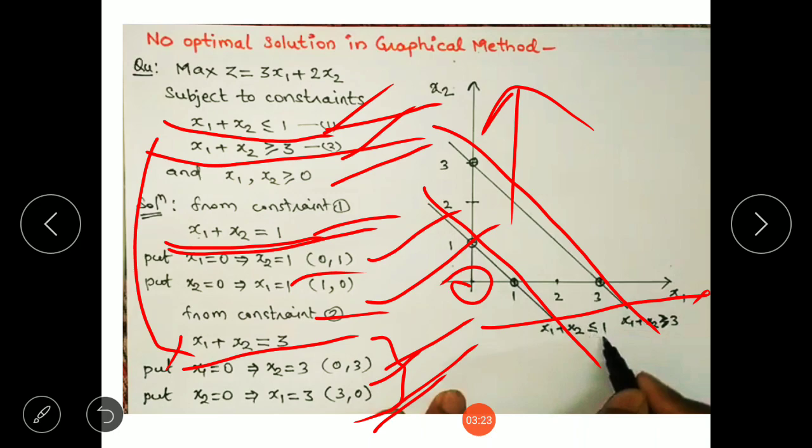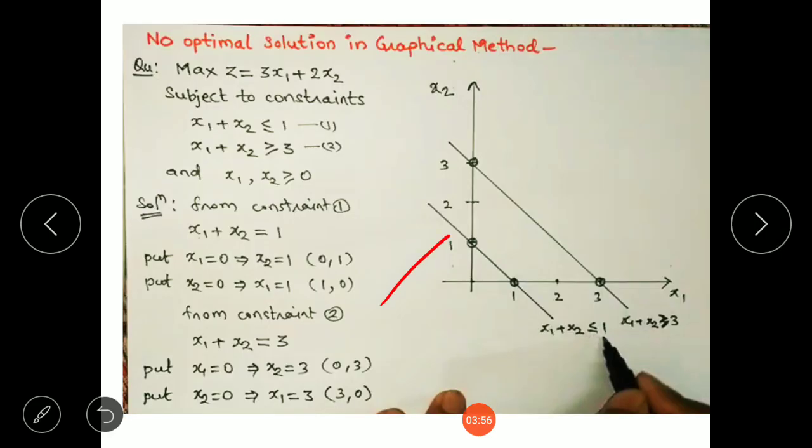If the inequality constraint doesn't get satisfied, then the region will not contain the (0, 0) coordinates. So first, x1 plus x2 less than or equal to 1. If you put (0, 0), we get 0, and 0 is less than or equal to 1, which means the inequality constraint is satisfied for the (0, 0) coordinates. So for the line x1 plus x2 equal to 1, the region x1 plus x2 less than or equal to 1 is this area.